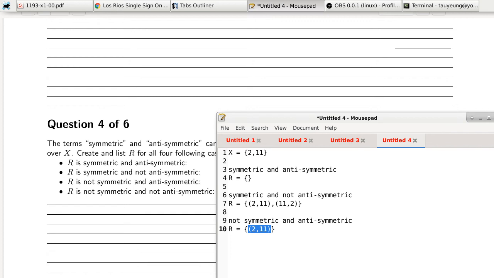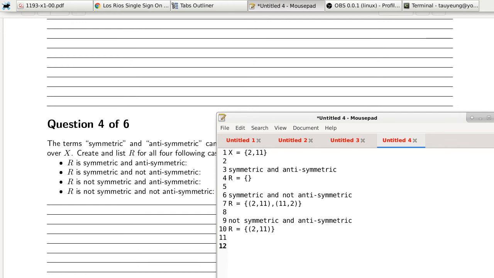But it is anti-symmetric because we cannot find a case where (2, 11) and (11, 2) are both in the relation. Since the left-hand side of the implication is false, the entire implication is true. So this particular relation is anti-symmetric.